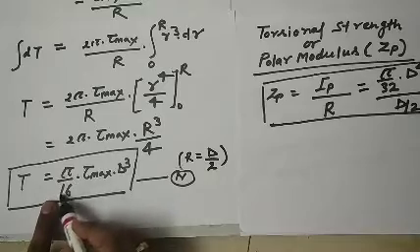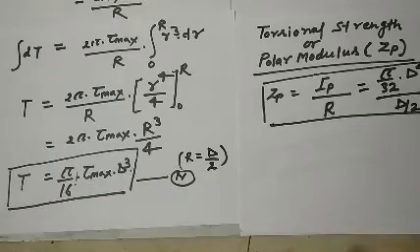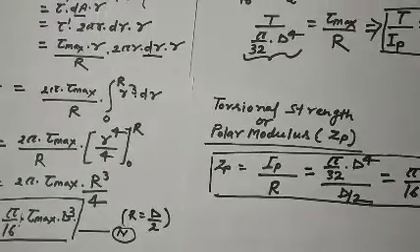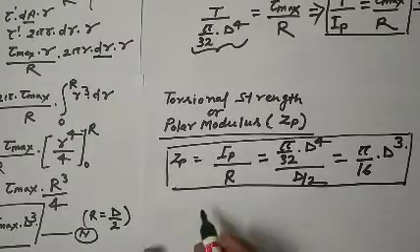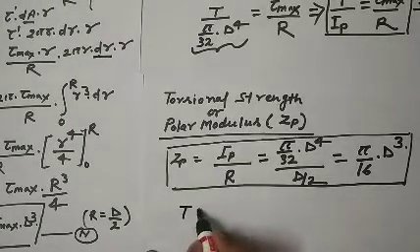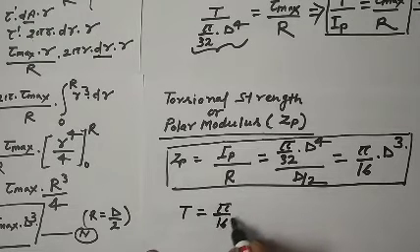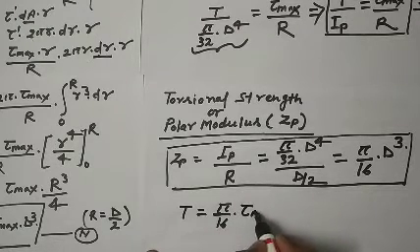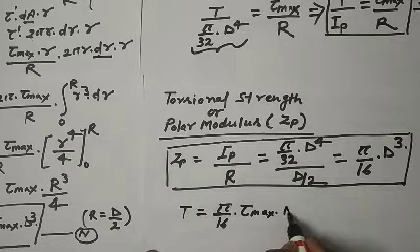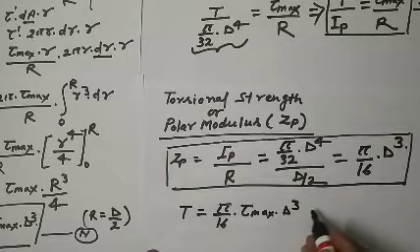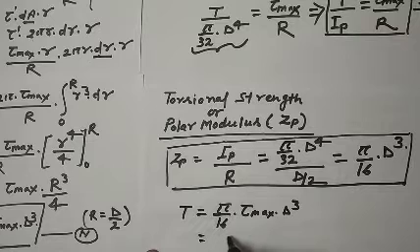Here, for the term pi by 16 and d cube, we can write the equation T equal to pi by 16 tau max into d cube, or pi by 16 into d cube is equal to ZP, so T equals tau max into ZP.